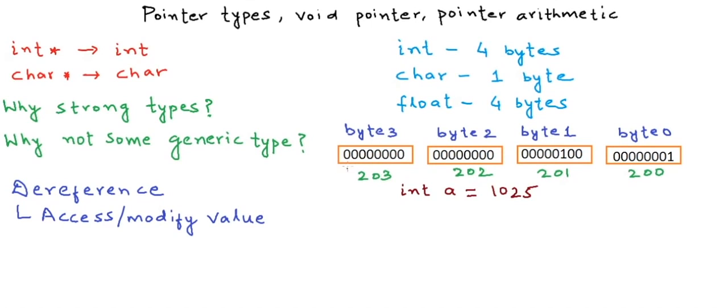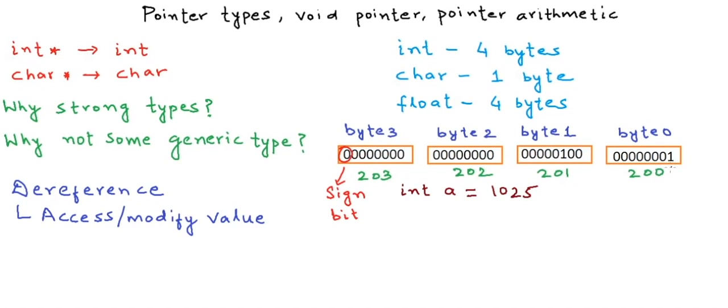When an integer is stored in the memory, the leftmost bit stores the information whether this integer is positive or negative. So this is also called the sign bit, and the rest 31 bits are used to store the value.